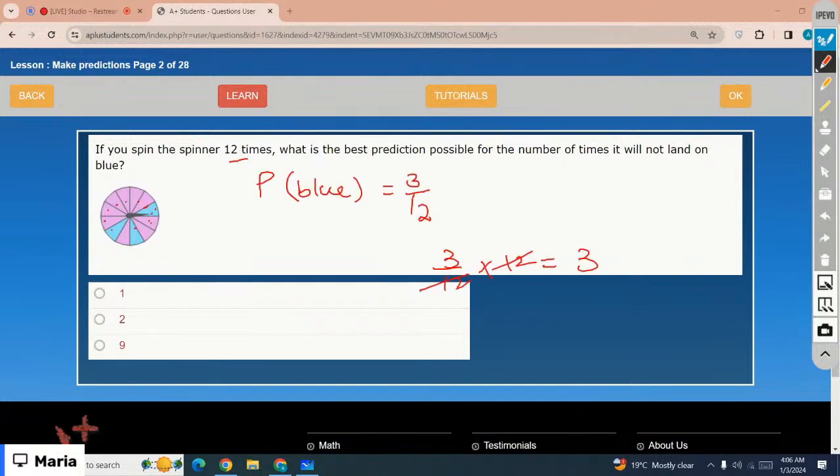You did this event 12 times. Not land, sorry. What is the best prediction possible? It will not land on blue. So you need to calculate the probability of not blue, right?